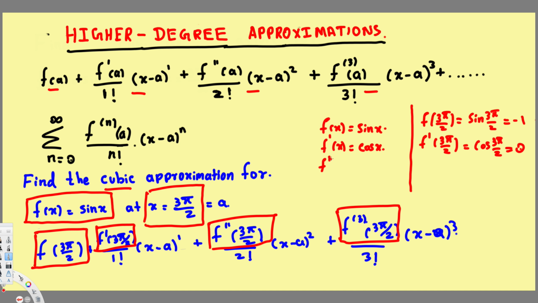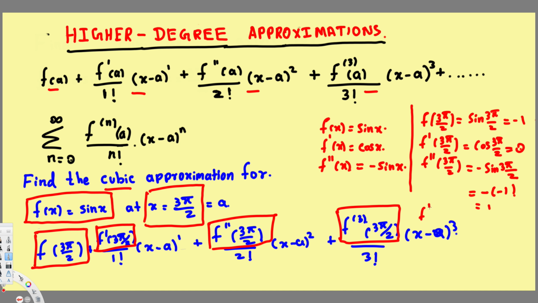For f double prime of x, the derivative of cos x gives you negative sine x, and we apply it right here. This is f double prime(3π/2), which is minus sine 3π/2, and sine 3π/2 is -1, so this is minus 1 times minus 1, which is equal to +1.